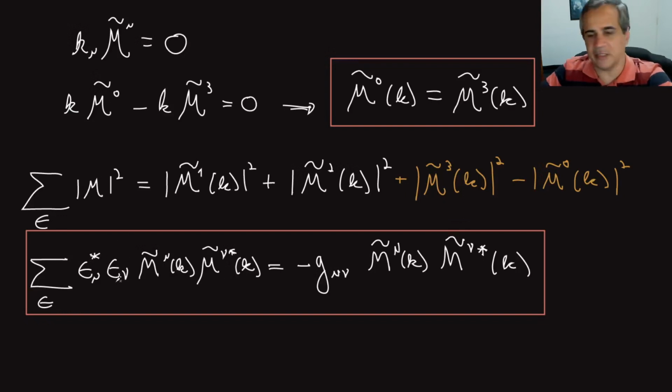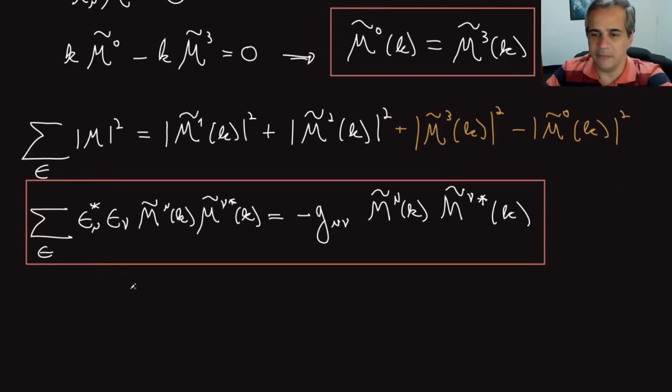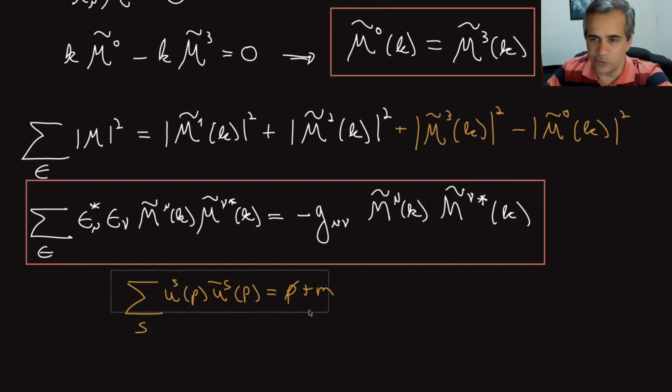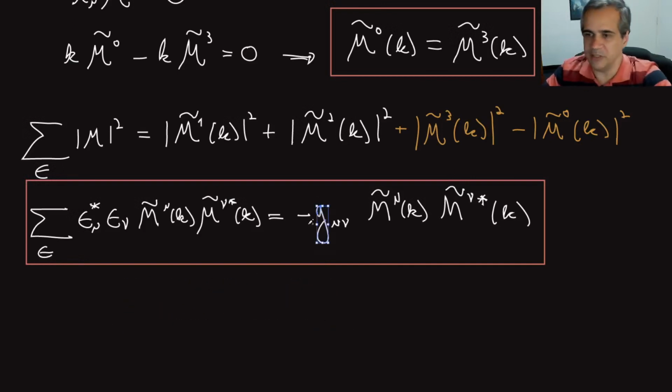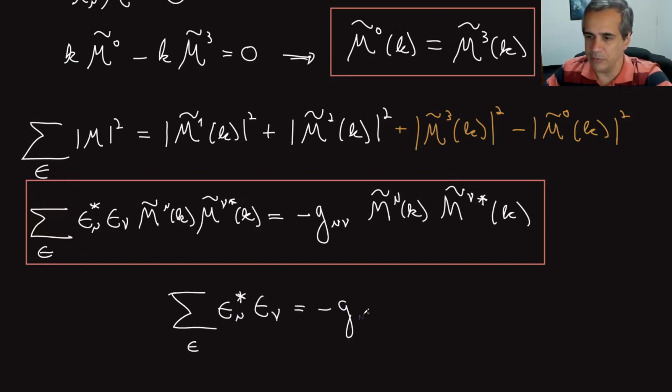And then I have a relation very similar to what I had in the case of the fermions, for instance, to do the spin sum, which was u_s of p u bar_s of p being the same as p slash plus m. It is not true, and you have to be careful with this because that causes a lot of confusion, that the sum over the polarizations is equal to minus g mu nu.